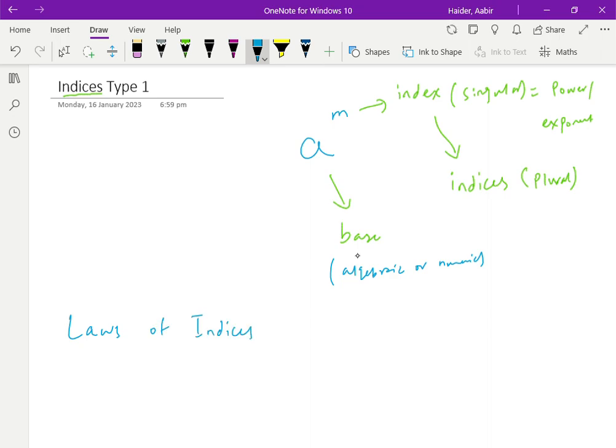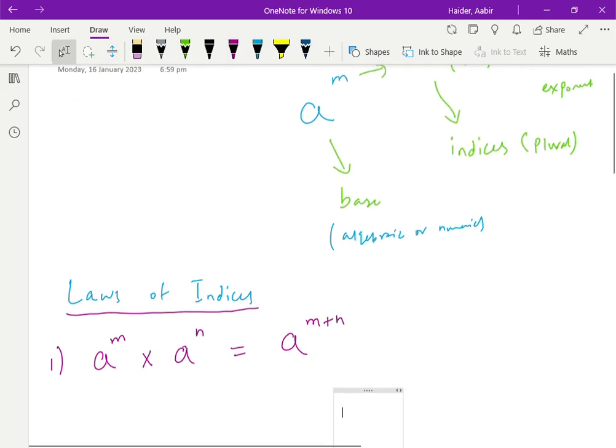Okay, so first up we have this. For example, if we are to discuss the laws, the very first one would be if you have a base A and it has an index M and another one which has the same base A but the index is different, so you can simply add the two indices over here, right?